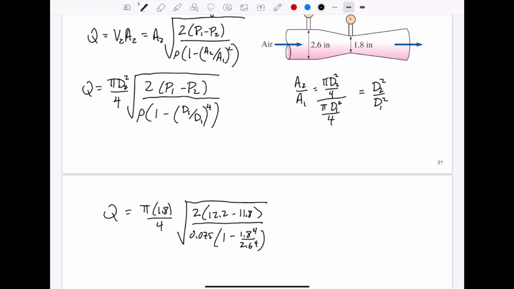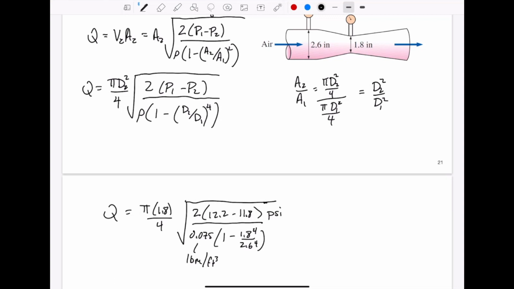So we need to do some conversions here. We have units of PSI at the top, and we have pound mass per foot cubed at the bottom, and we have an area in inches. So our units at the top are PSI, and our units at the bottom are pound mass per foot cubed.